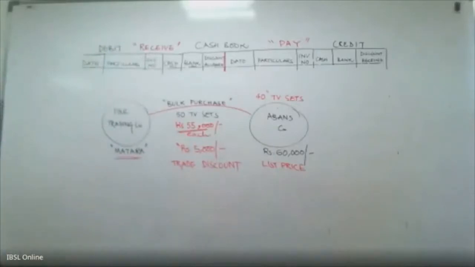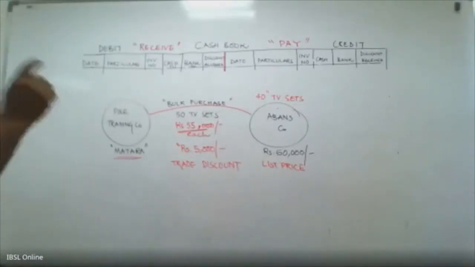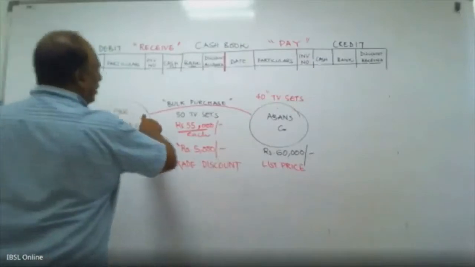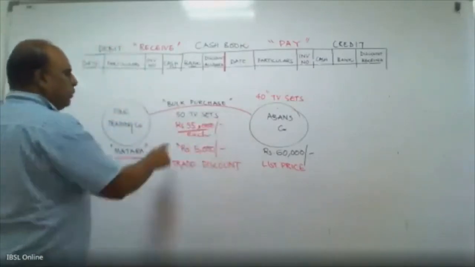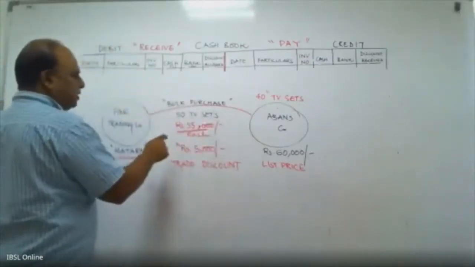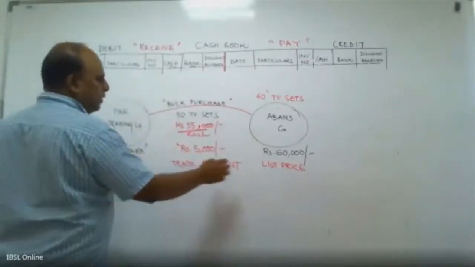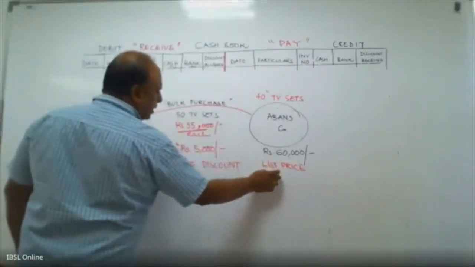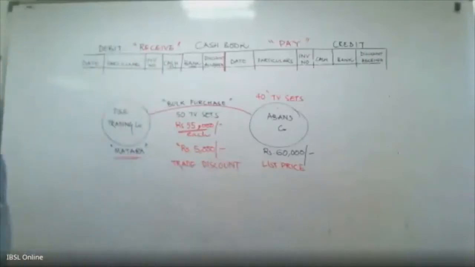So now if you refer to the table that I have given in the handout, what is a trade discount? Trade discount is offered at the time of the purchase, to encourage bulk sales or bulk purchases. You reduce a certain amount from your list price.